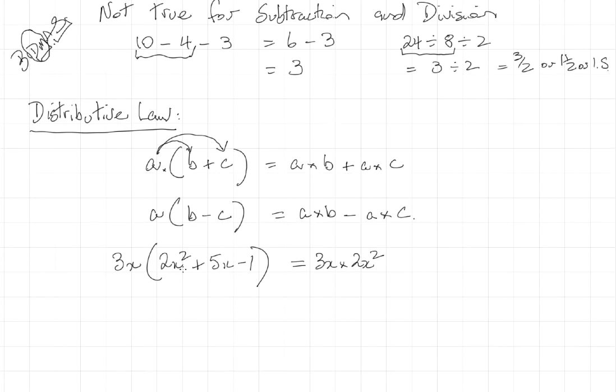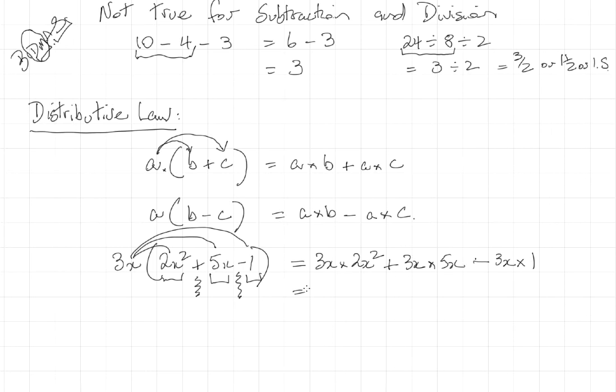We've got 3 terms inside the brackets, connected by pluses and minuses, so the 3x has to be multiplied by the first term. We bring the plus across, and then we go 3x times 5x, the second one. Finally, we do 3x times 1, and the sign that comes across is a negative.